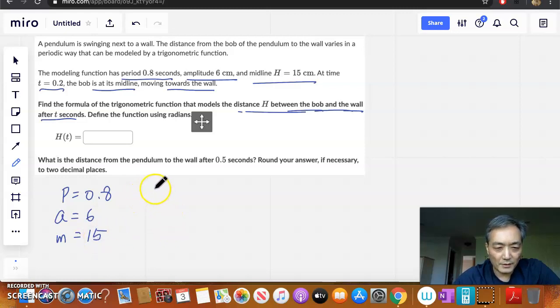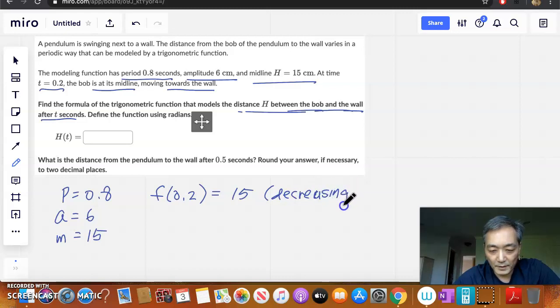And for this function at f of 0.2, the bob is at the midline, which is 15, moving towards the wall, which means the distance between the bob and the wall is decreasing.